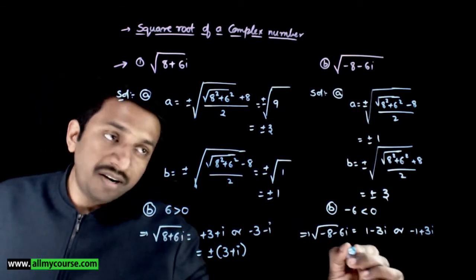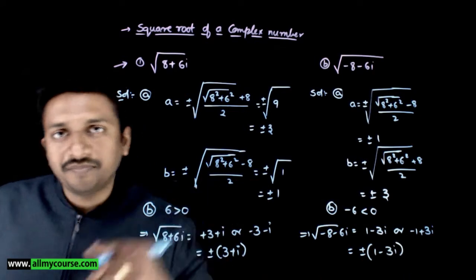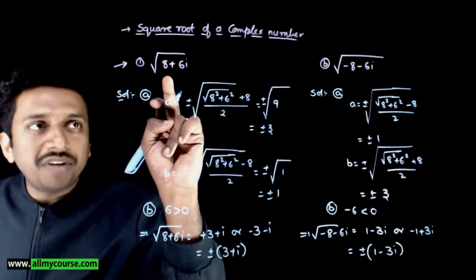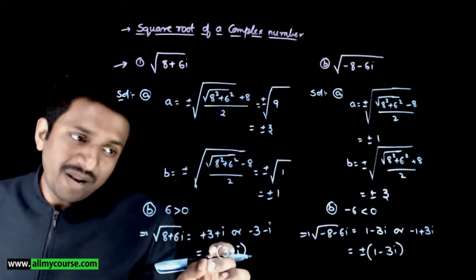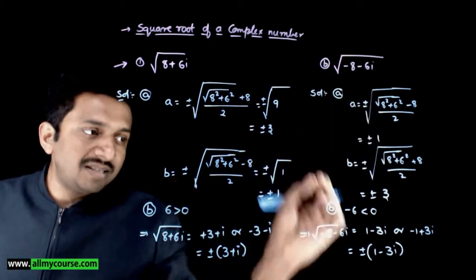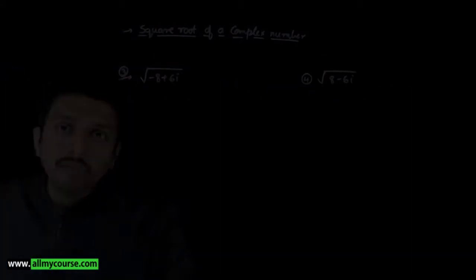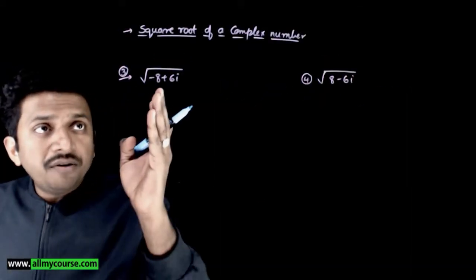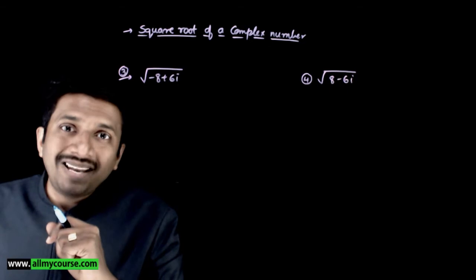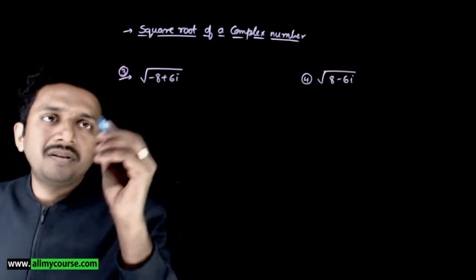So these two can be written as plus or minus of 1 minus 3i. So the square root of 8 plus 6i is plus or minus of 3 plus i. Square root of minus 8 minus 6i is plus or minus of 1 minus 3i. So next, let us try to find the square root of minus 8 plus 6i and 8 minus 6i.